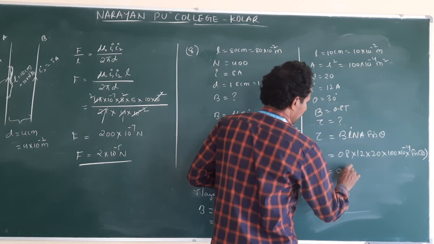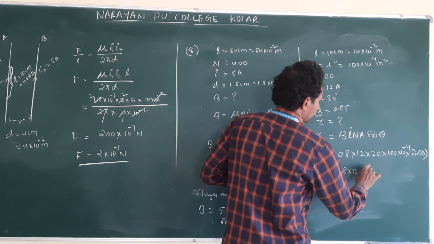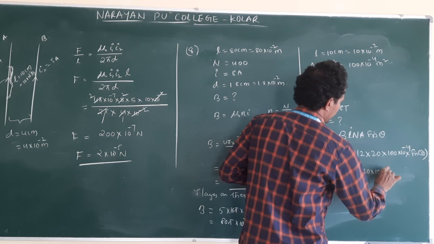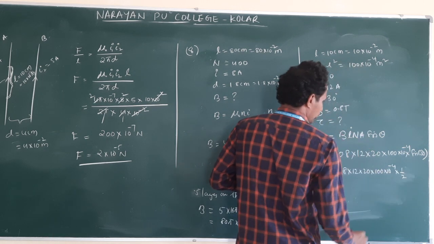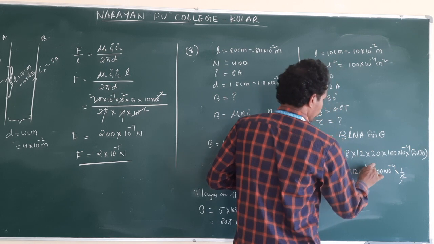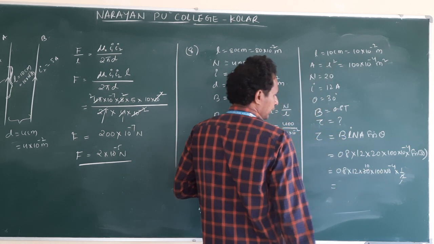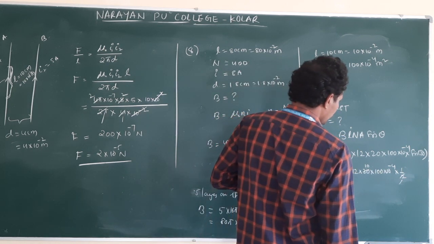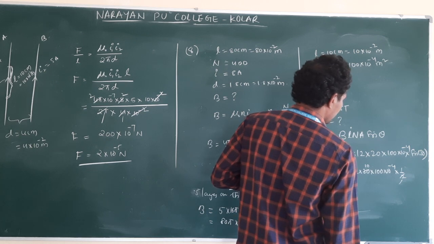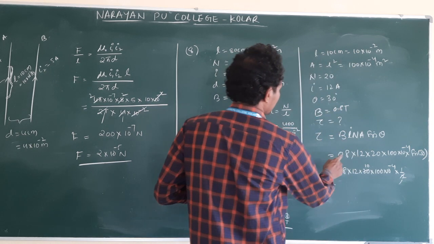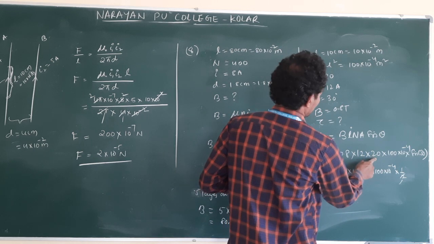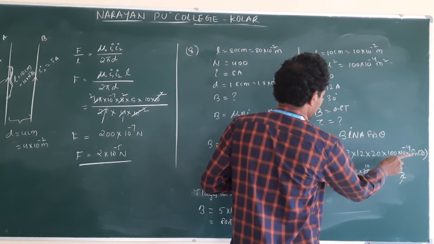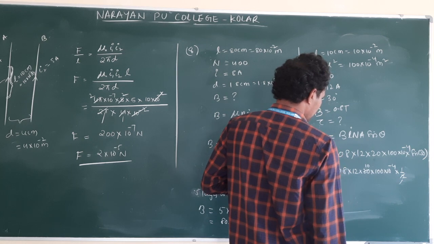Now this is 0.8 into 12 into 20 into 100 into 10 power minus 4 into 1 by 2. 2 ones, 2 tens. Clear? Understand? All we have substituted: 0.8, 12, 20, and the area.